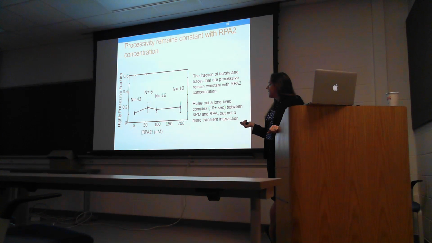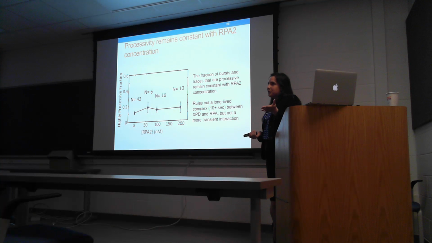However, even at very high, 200 nanomolar RPA2, we don't see any change in the highly processive fraction of bursts, indicating that there is no complex forming. We're just seeing XPD binding even at these high concentrations. So this rules out a long-lived complex, but there is a caveat.